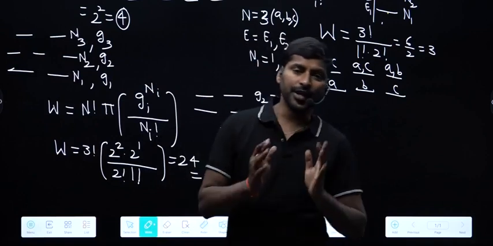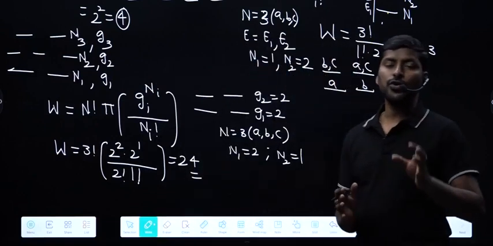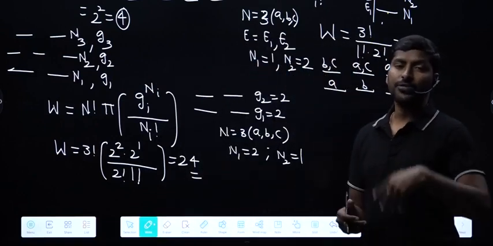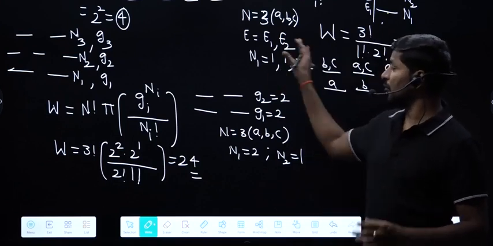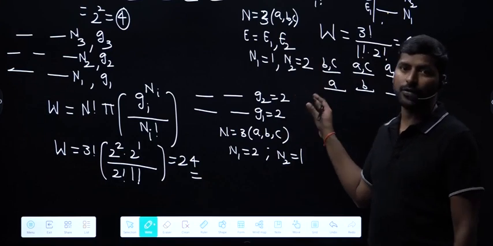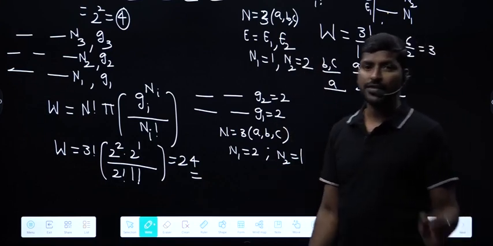If you take distinguishable particles, how do you distribute them in various possible energy levels? For that we have 4 formulas, 4 cases according to Maxwell-Boltzmann statistics.